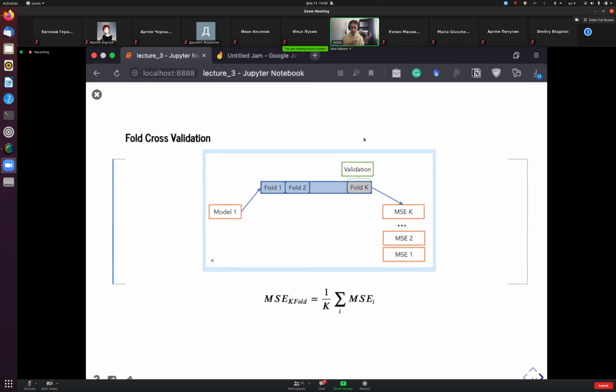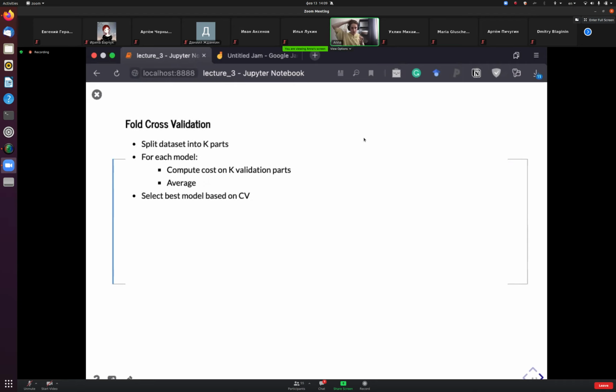Well, after we obtained these K errors, all the data that we have in the training data set was used as validation, and at the same time, the train and validation were not overlapping in each iteration separately. That's super cool. That's an interesting concept, but of course it has some peculiarities.